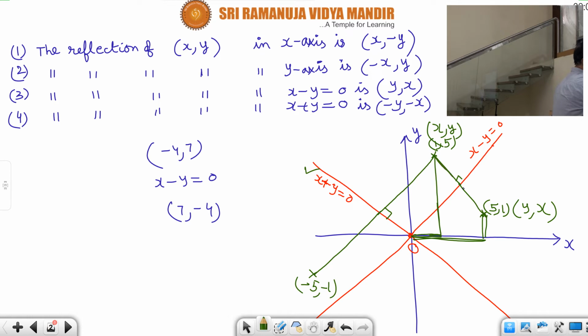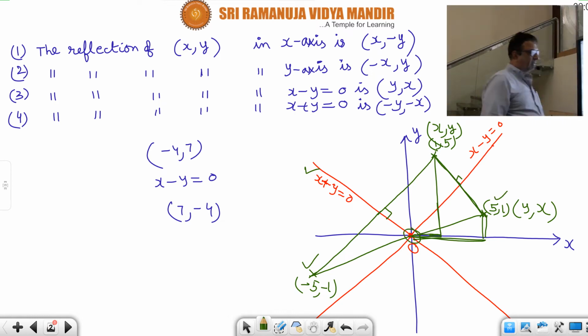What is the reflection of 1 comma 5 in x minus y equal to 0? 5 comma 1. For 5 comma 1, the reflection in the origin is minus 5 comma minus 1. That means for minus 5 comma minus 1 and 5 comma 1, the midpoint is the origin. So in the line x plus y is equal to 0, if you want to take a reflection, first interchange the x coordinate and y coordinate, then change the sign of both of them.